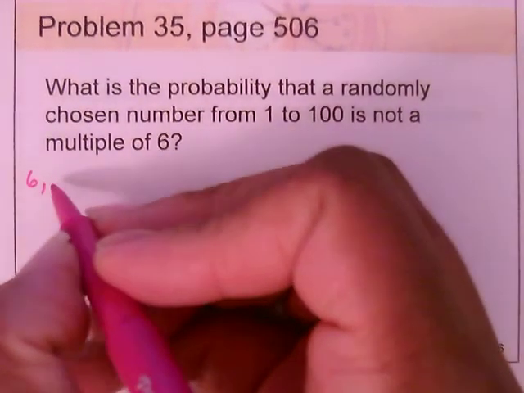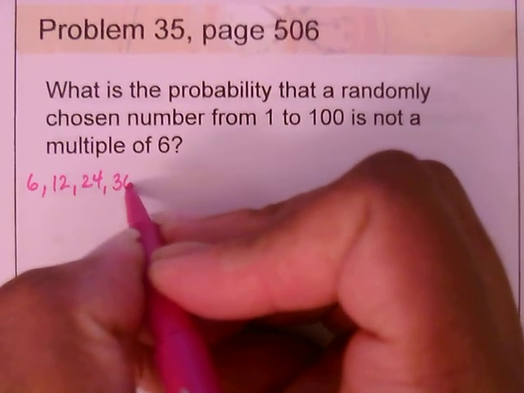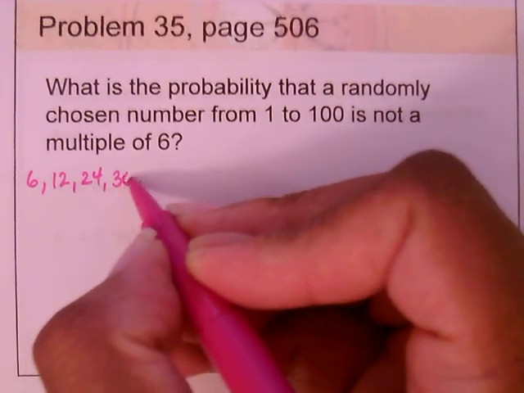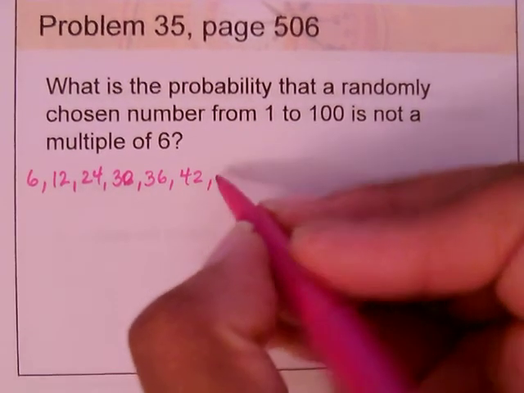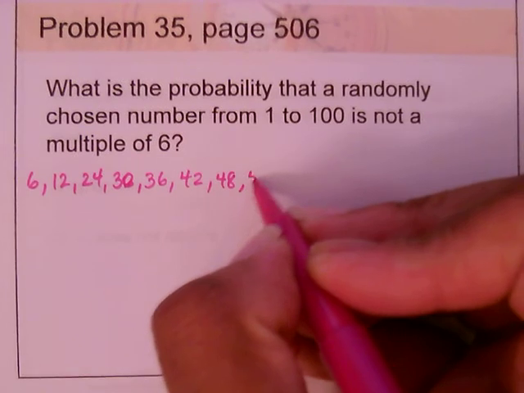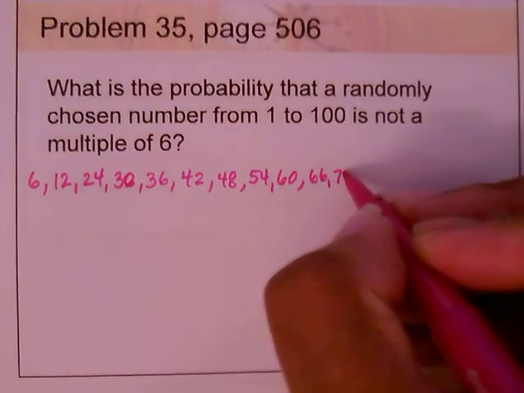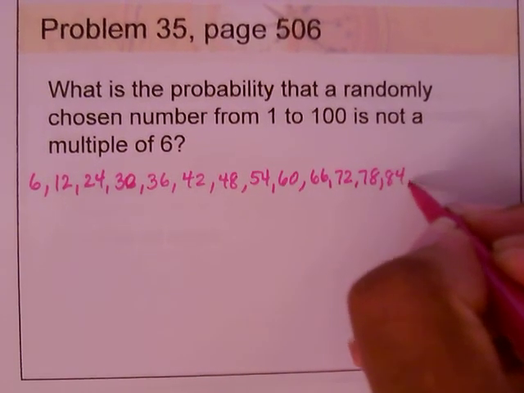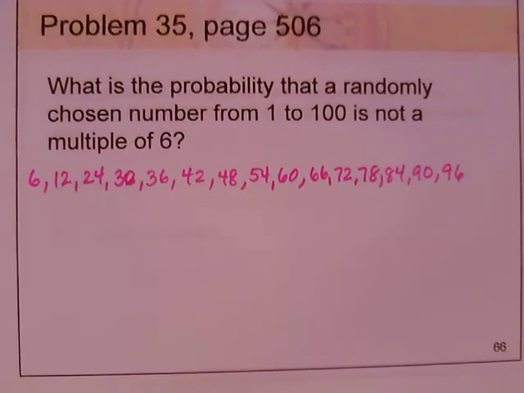We start with 6, then 12, 18, 24, 30, then 36, 42, 48, 54, and then 60, 66, 72, 78, 84, 90, 96. Those are the multiples of 6 between 1 and 100.